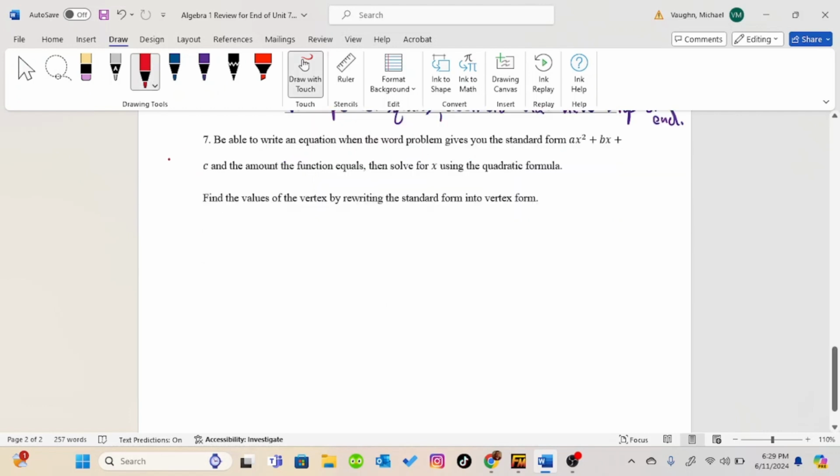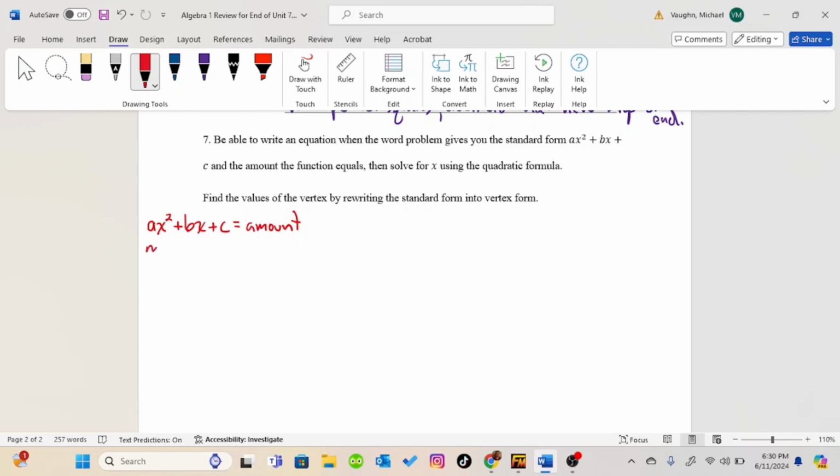Number 7. Be able to write an equation when the word problem gives you the standard form and the amount the function equals. Then solve for x using the quadratic formula. So the first thing you want to do is just set ax squared plus bx plus c equal to the amount that they give you.